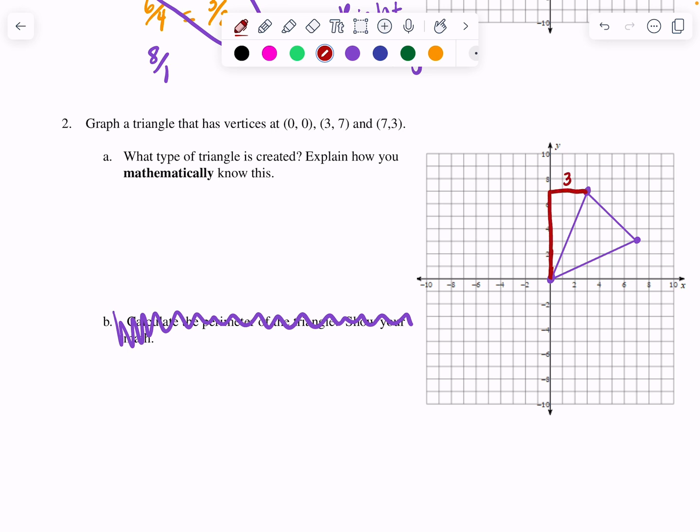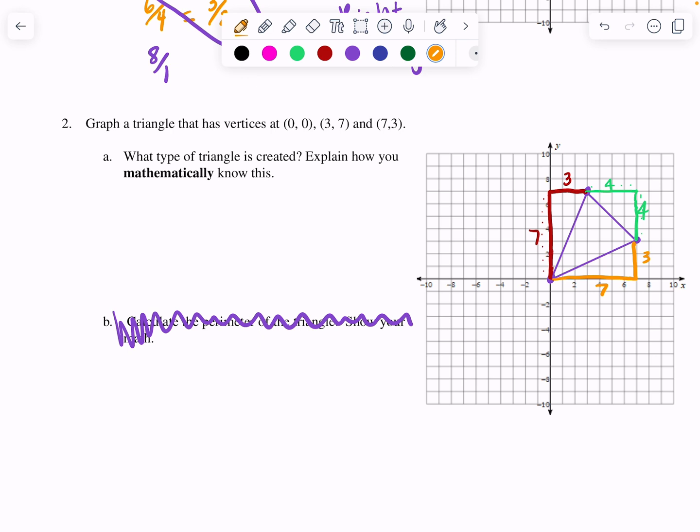This has a 3 by 7. This triangle is 4 by 4. And this triangle down here is a 3 by 7.